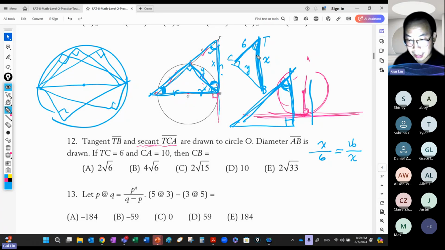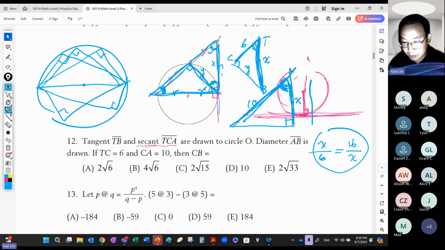You can use the cosine. Cosine t equals 6 over x, right? And the cosine of this one here, this one is 10, so the cosine here is x over 10. Let me express this way to understand well. Cosine t equals 6 over x.